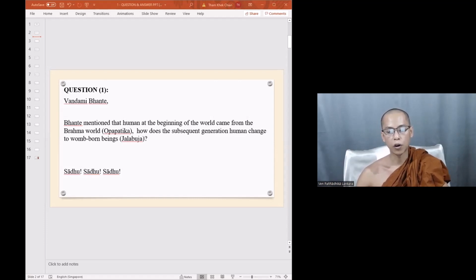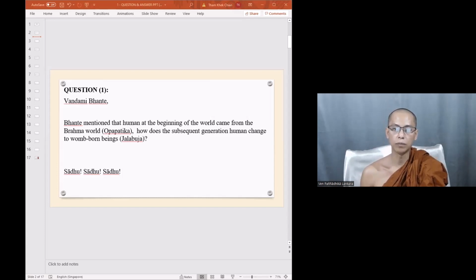So for them, the sexual phenomena born of karma started not at the time of rebirth linking, but during the course of existence. The Sutta mentioned that the identification of sexualities appeared, and they developed their attachment.